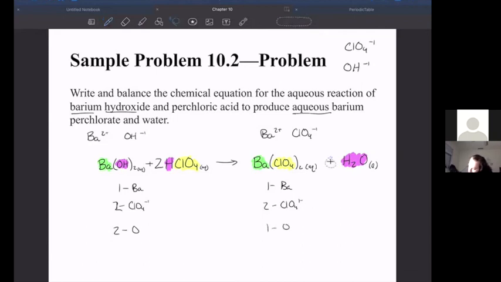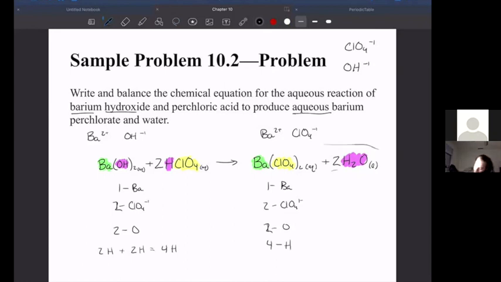So I'm going to balance that by putting a 2 out front. Now I have 2 oxygens. Now I have over here 2 hydrogens in the barium hydroxide plus the 2 hydrogens in the perchloric acid. So that's 4 hydrogens. And I have 4 hydrogens over here because I put that 2 coefficient out front.